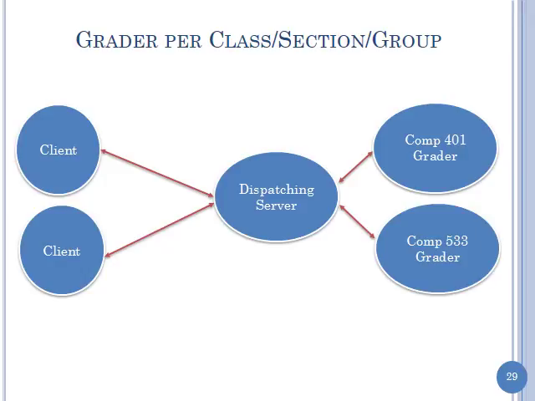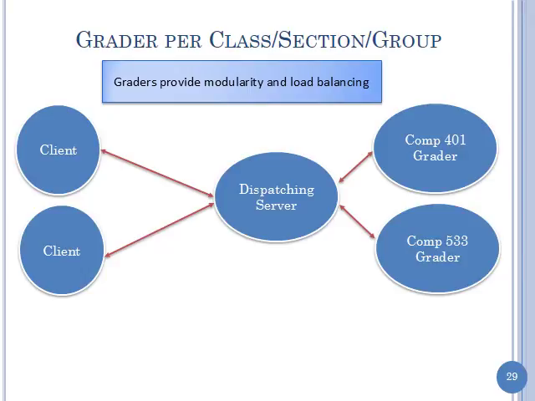Now this dispatching server is talking to two sets of processes, the clients and the graders. And it is a fixed point. Whenever the grader comes up, it knows the dispatching server to go to. Whenever a client comes up, it knows the dispatching server to go to. It is the server, even though honestly speaking, the grading service is being provided by the grader clients.